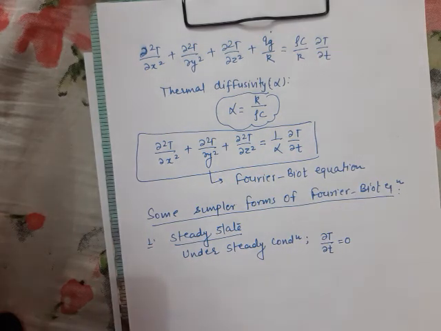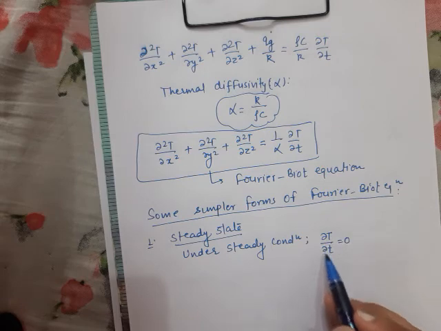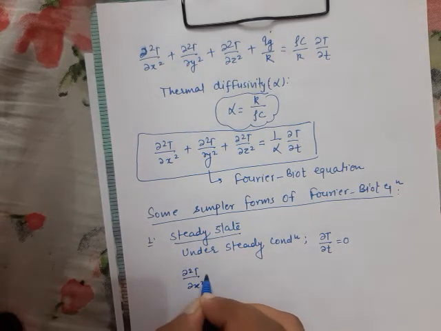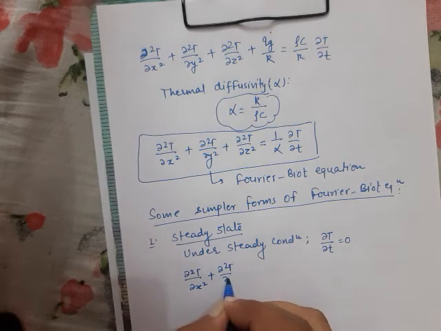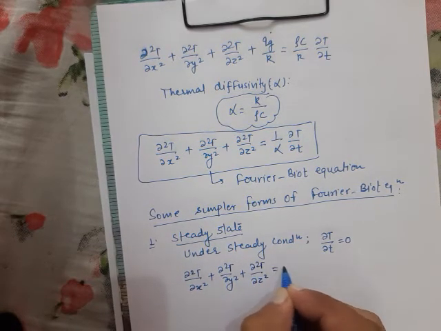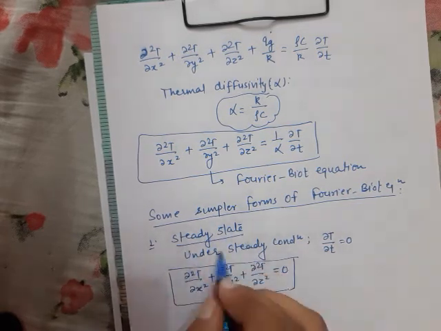Under steady conditions, the temperature would not be a function of time, so this term would be 0. So the equation can be written as del square T upon del x square plus del square T upon del y square plus del square T upon del z square is equal to 0. This is the simpler form of the Fourier-Biot equation for steady state.